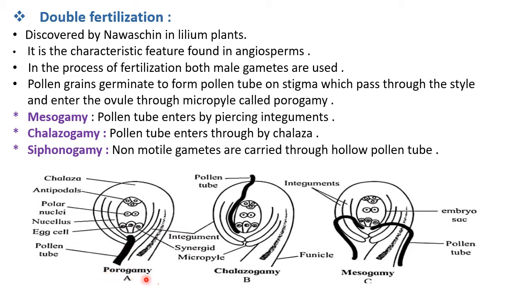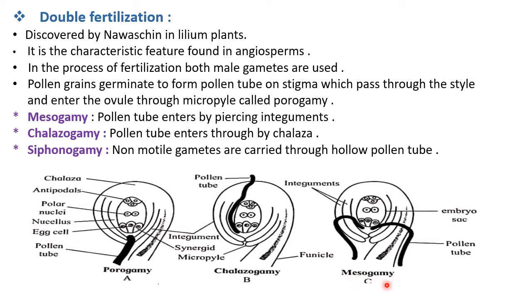In the second diagram, the pollen tube enters through the chalaza and it is called as chalazogamy. In the third diagram, we see that the pollen tube enters through the ovule by piercing the integuments. This phenomenon is called as mesogamy.